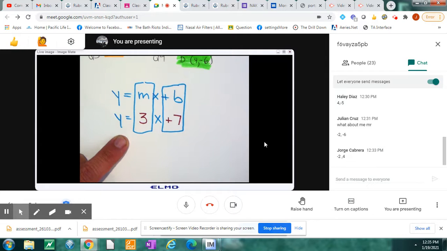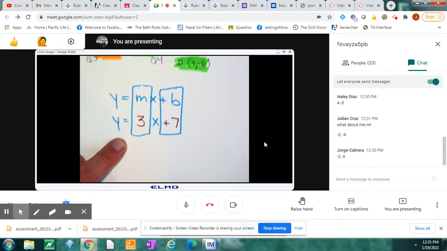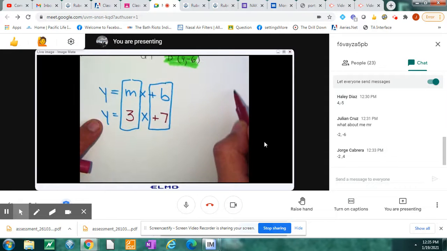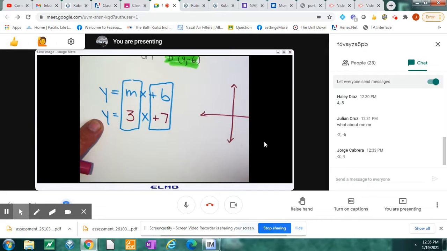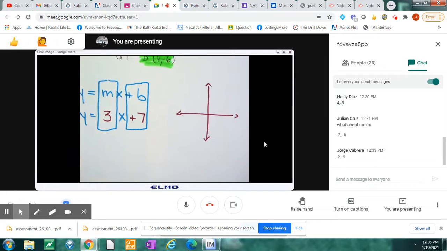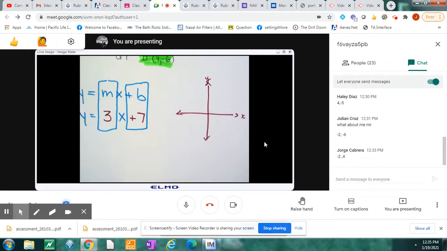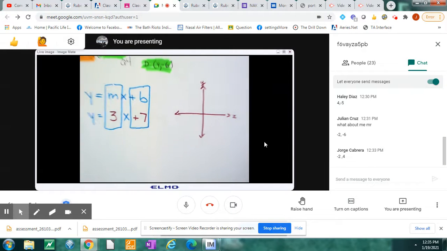But what do those numbers mean? Okay, how do you graph something? Well, you have a graph here. So let's just go ahead and draw the graph. Okay, there's your graph. And you have your X and your Y, right? So what does this number mean, the b?